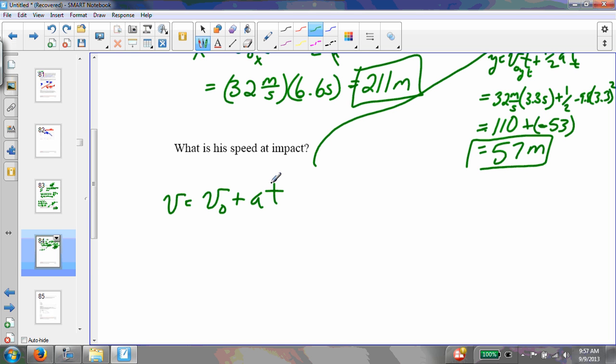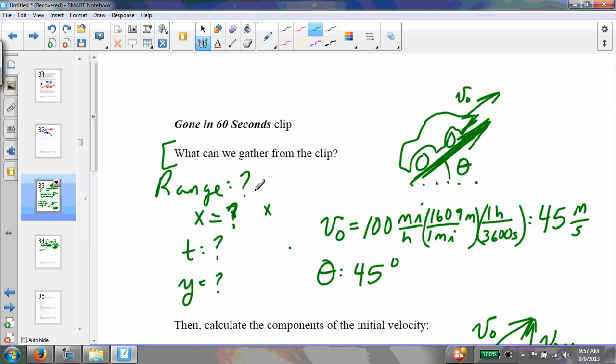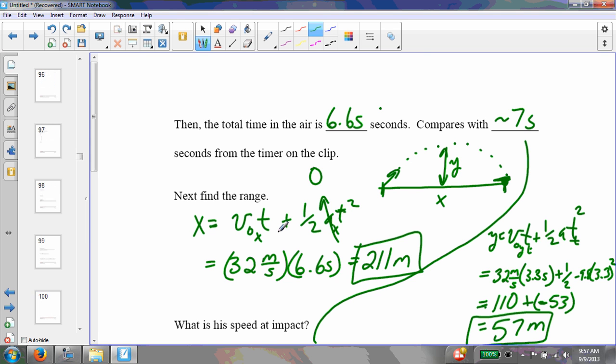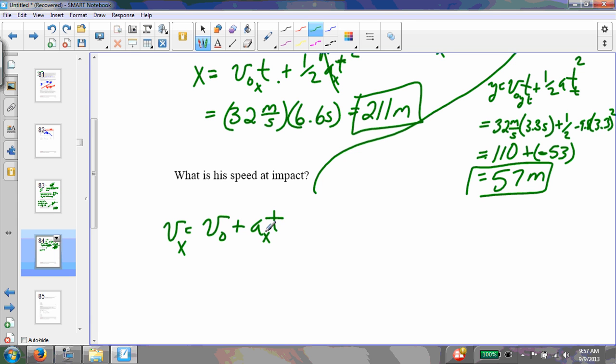Well, that should be an easy problem, right? If we're assuming no air resistance, it should be fairly simple to find the speed at impact. You can go through the calculations, but you'll find that, at least for Vx, the acceleration in the x direction is equal to 0. So this term goes away. And so Vx is equal to V naught x, which is 32 meters per second. And then we'll find that Vy is going to be V naught y plus ay t.